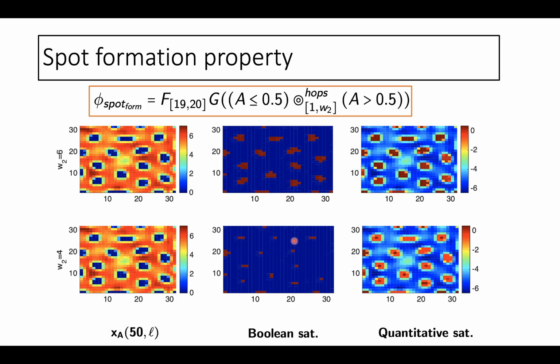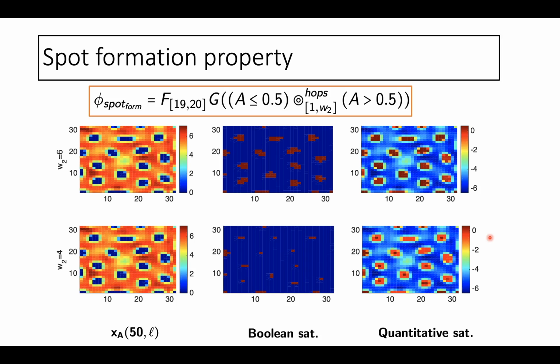Instead, on the second line, if we restrict the distance constraint, then almost the only locations that satisfy the property are the locations in the middle of the spot. And sometimes there are even some spots that are missing because they are not very regular, and so none of their locations satisfy the distance constraint.